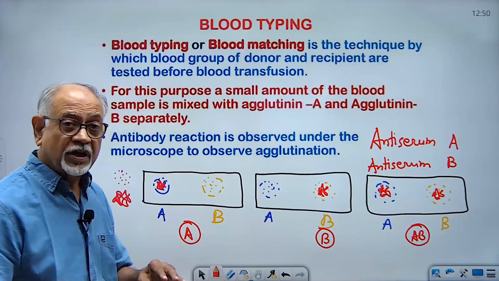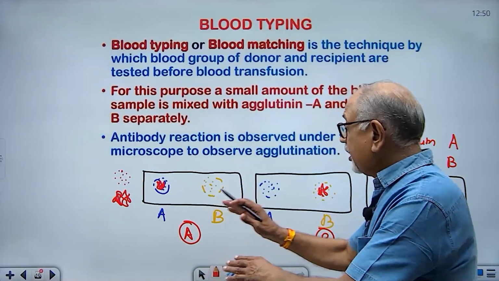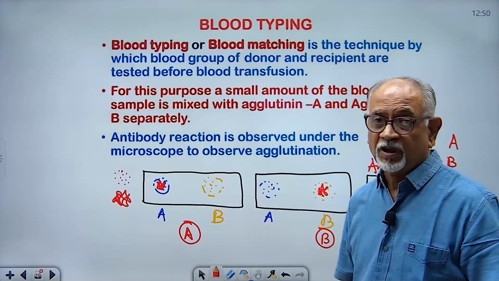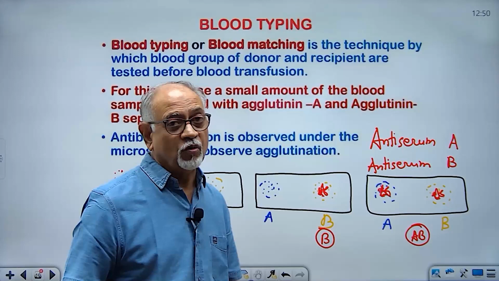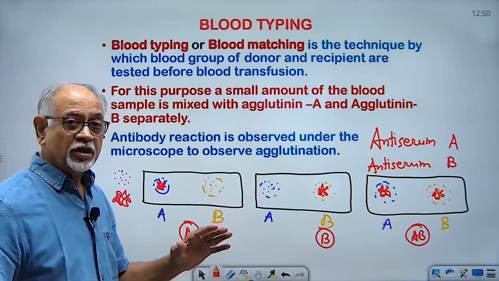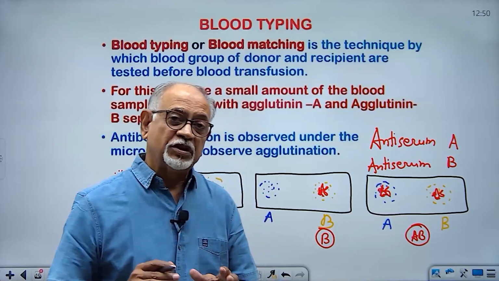And if agglutination does not occur in either A or B, it is blood group O. So that is how the blood group of the ABO system is tested.